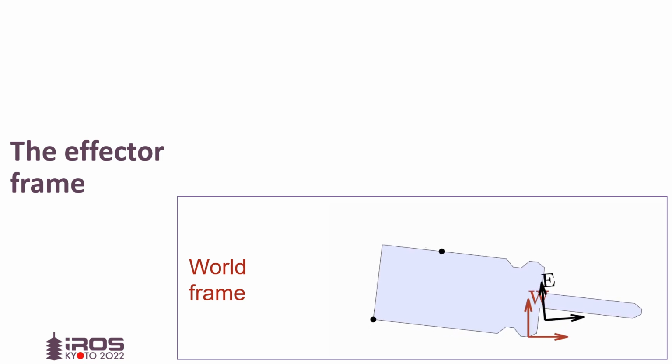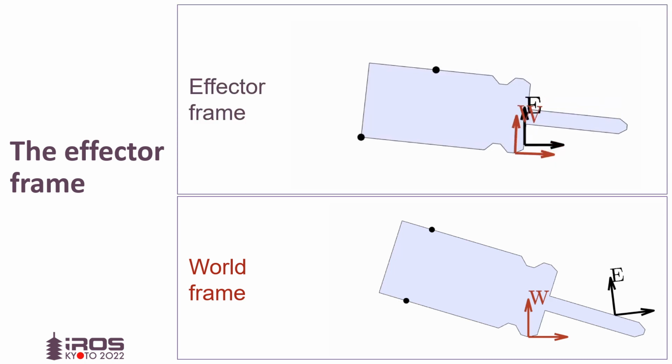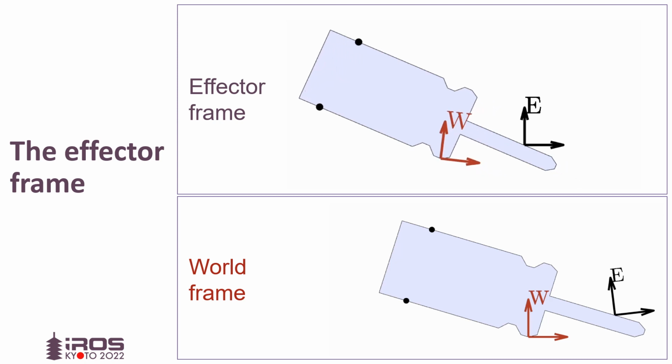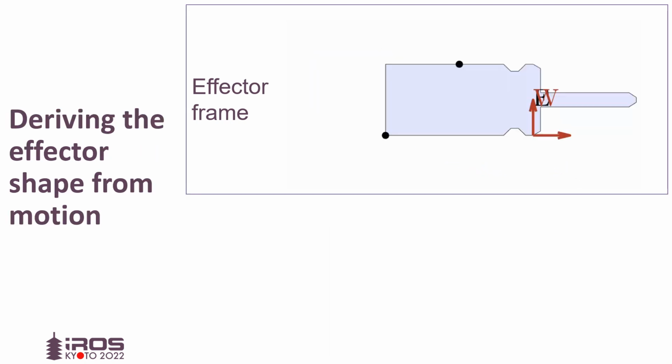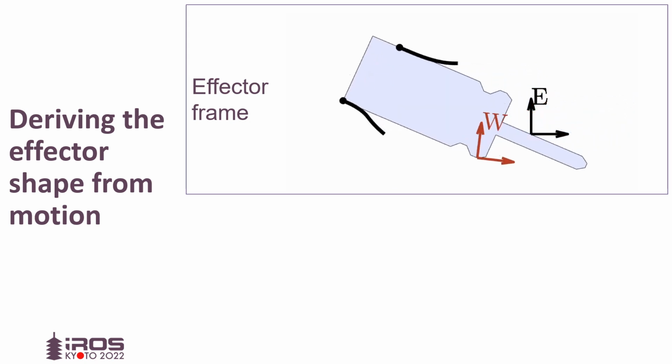Here once again is the motion of the effector frame from the solution we just viewed. Here is the same motion viewed from the effector frame. In this reference frame, the effector is static and the world moves around it. We leverage the key insight that the prescribed contact points, when represented in the effector frame, must lie on its contact surface.